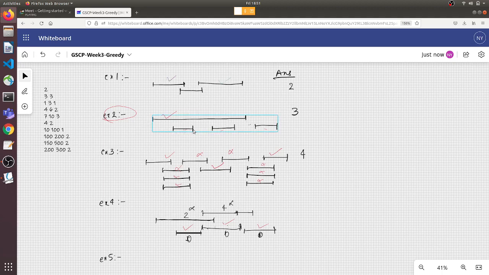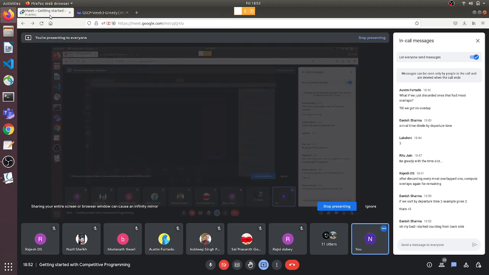The departure time of this interval is less, so this will be position 1, this is 2, this is 3, this is 4. So we'll pick the first one. When we pick this interval, this one is overlapping, so we cannot pick this one. Then we will pick this second one because it is not overlapping, and then we'll pick the last one. So the answer is 3 still. No problem.